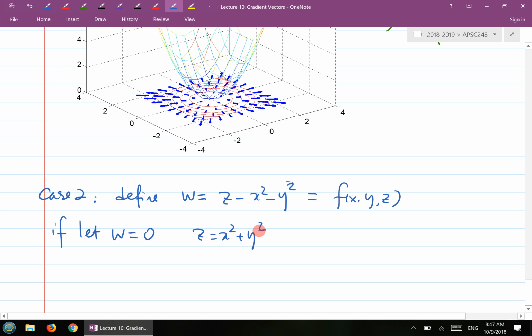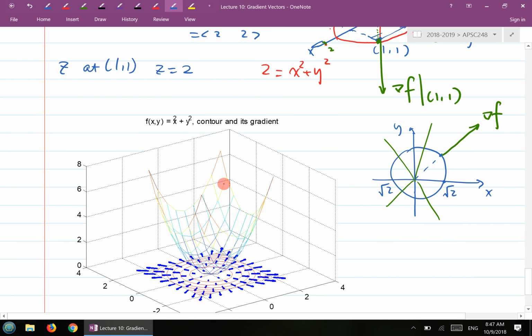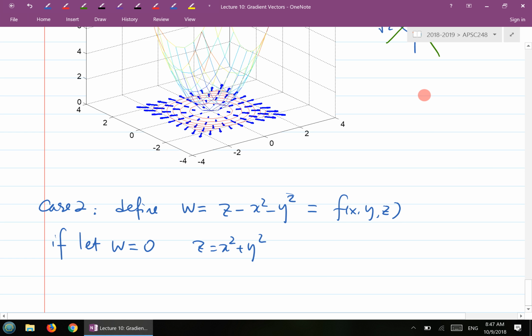Now, if you recall, when we learned multivariable functions, I have repeated many times, if you have a function of 2 variables, like this one here, you can certainly sketch it out in a 3D space. If you have a function of 3 variables like this, w, you cannot sketch in 3D, maybe 4D.